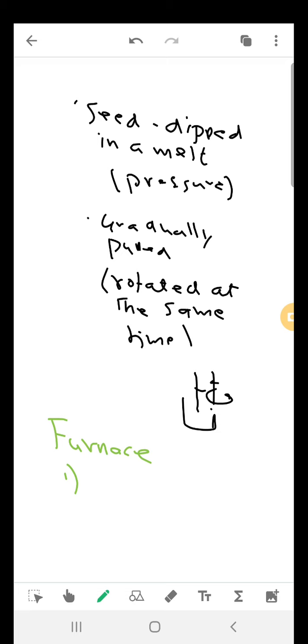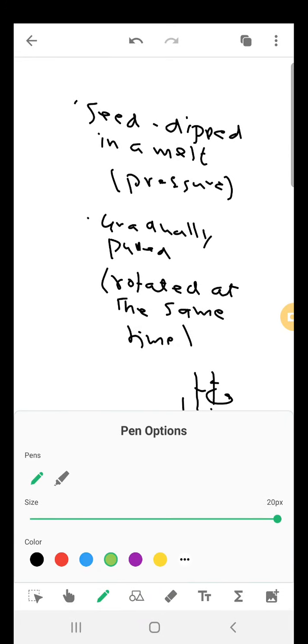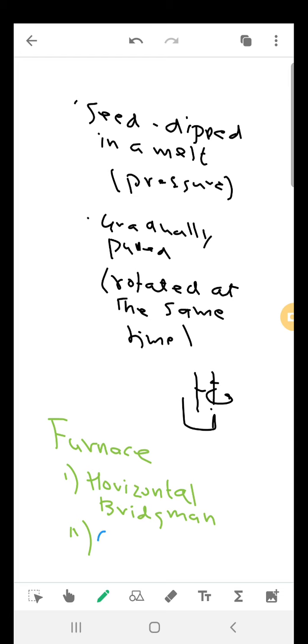One of the ways is called the horizontal enrichment technique, and the second one is called the stoichiometry technique.